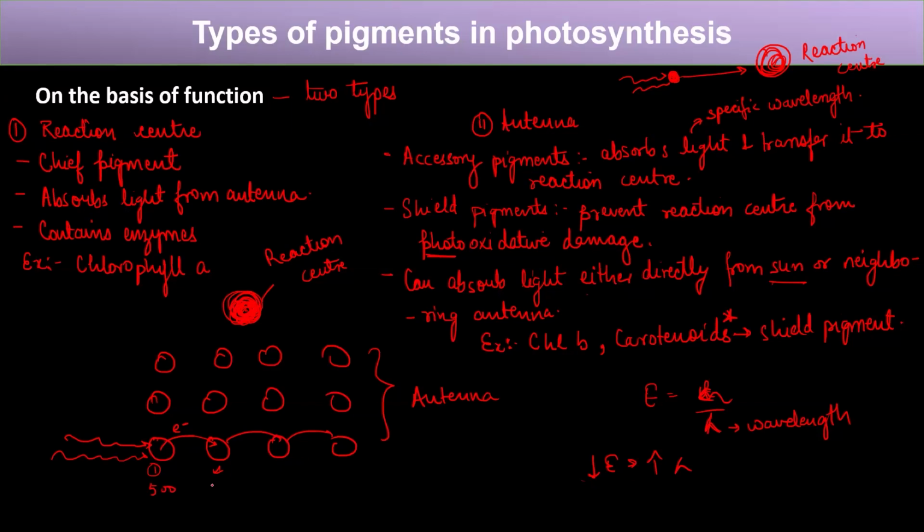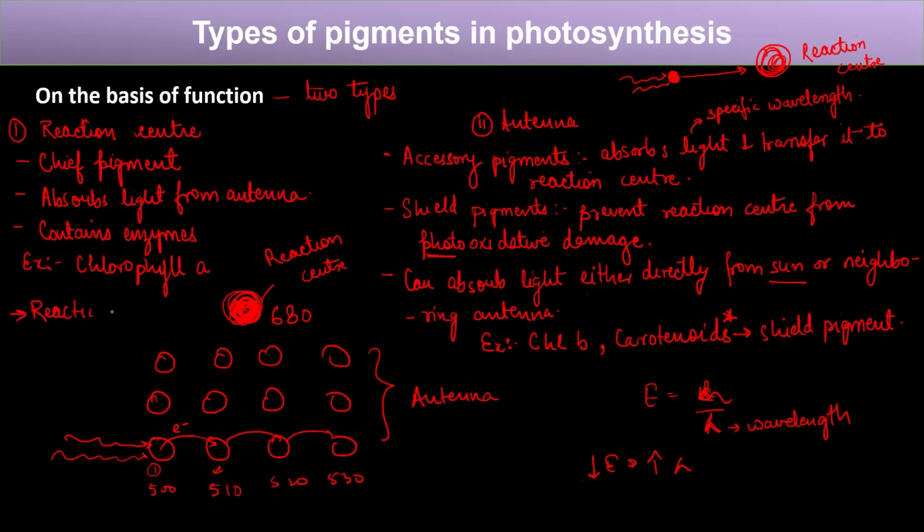So once it is transferring its energy, it will always be towards the higher wavelength, not the lower wavelength. The next pigment to which it will transfer energy will always be higher than 500, say 510, 520, 530, likewise. And by the time it reaches the reaction center, it will be say 680. So we can conclude that the reaction center has the highest wavelength, because it is absorbing energy from its neighboring antennas, and energy can only be transferred toward higher wavelength.